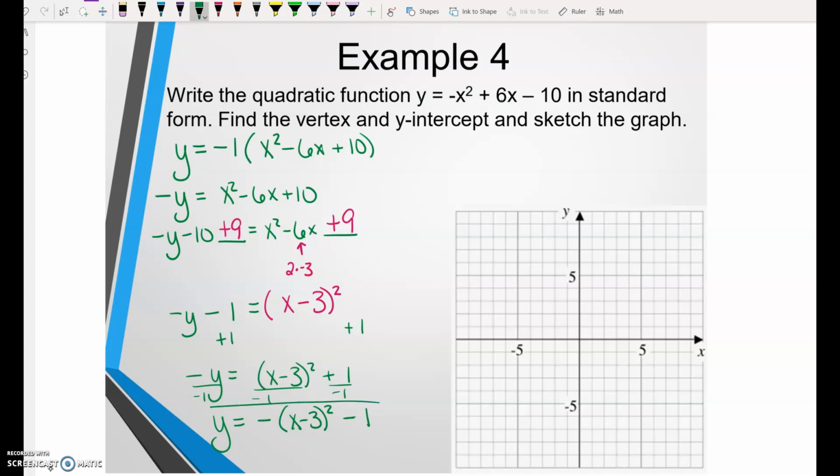Don't mess with those parentheses at all. So now the equation that we're working with, and I'll write it up here so it's easier to see, is y equals negative x minus 3 squared minus 1. The vertex is at positive 3, negative 1.